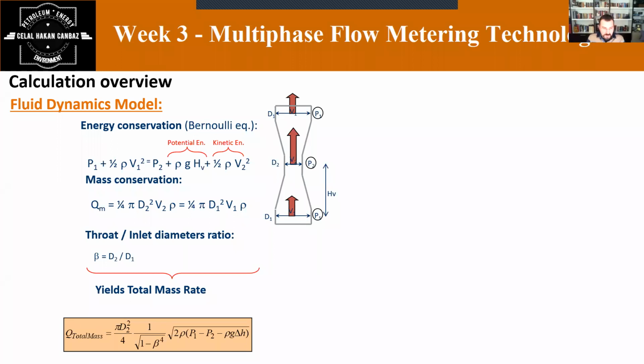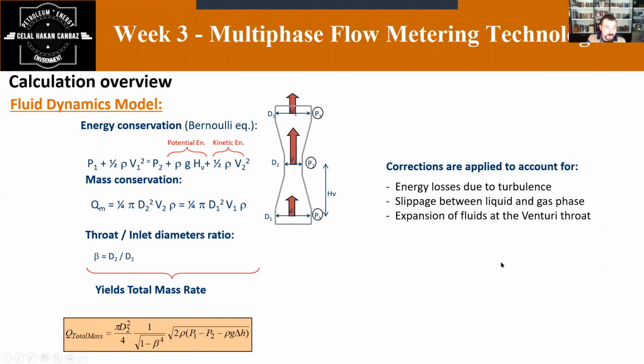But this total mass rate calculation, of course, has some errors in it. These errors are sourced because it didn't account for the energy losses due to turbulence, the slippage effects between liquid and gas phases, and the expansion of liquids at the Venturi throat.